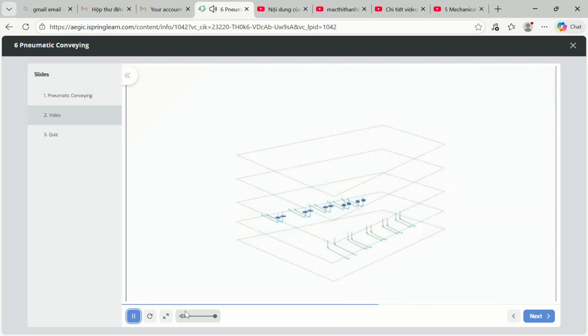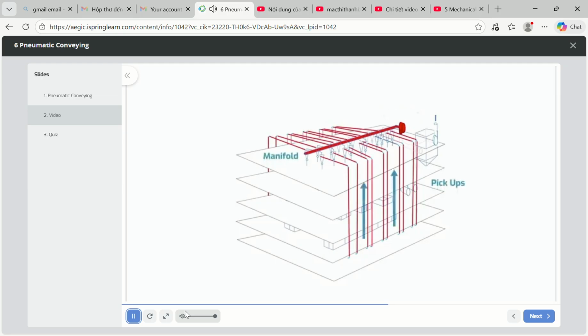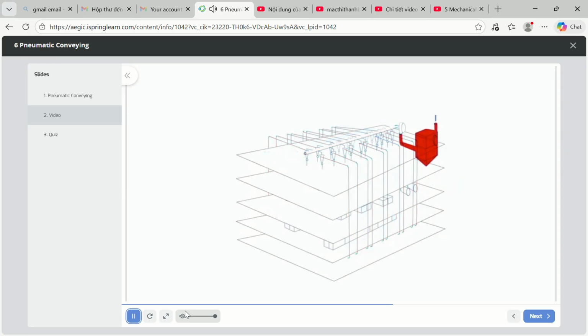This system conveys milled stocks to the top floor of the mill and has two sets of fans. There is a main fan to which all the pickup lines are connected. This fan moves air up through the pickups into the manifold and out to the dust collector. Another fan is also connected to the dust collector, drawing air through the filters and out into the atmosphere.